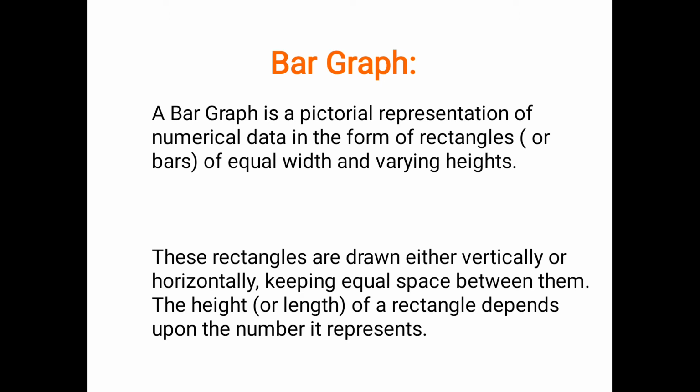A bar graph is a pictorial representation of numerical data in the form of rectangles of equal width and varying height. We draw a bar graph on a graph paper, with rectangles of equal width, but the height may vary according to the numbers, such as the marks or the cycles produced.